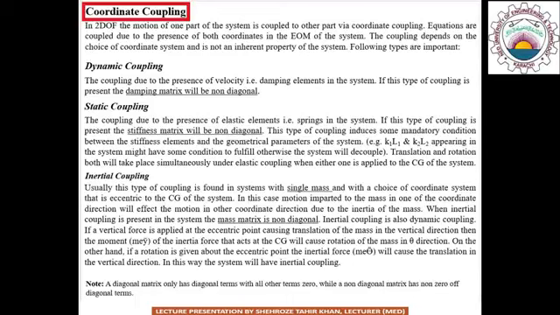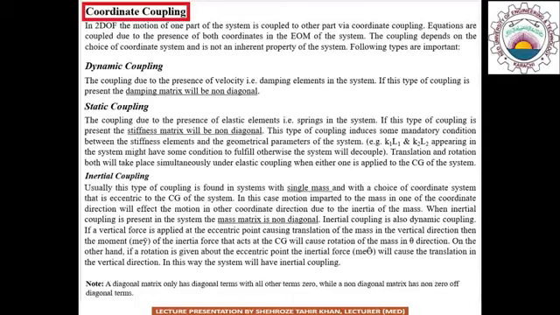The mechanism by which these equations of motion are related is called coordinate coupling. In this way, equations are coupled due to the presence of both coordinates in the equations of motion of the system, and it depends on the choice of the coordinate system.